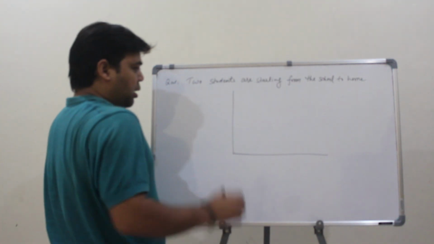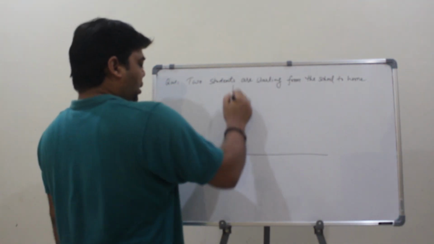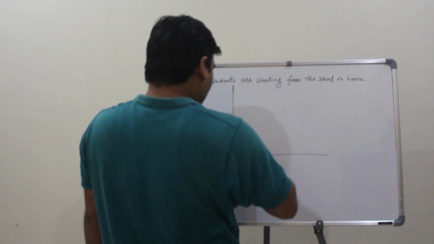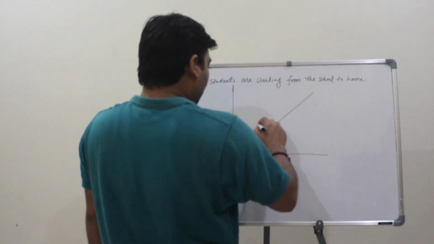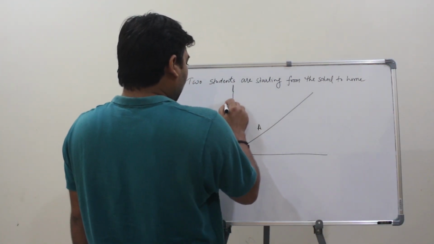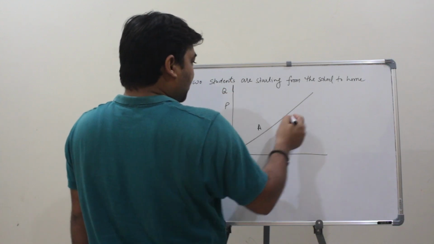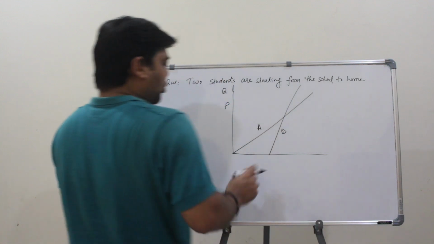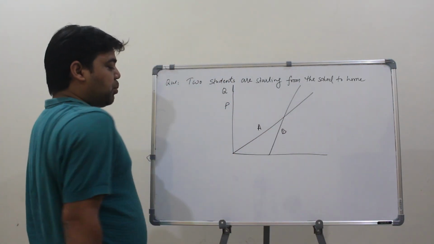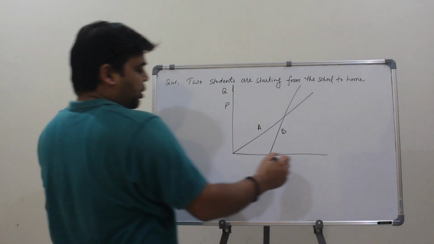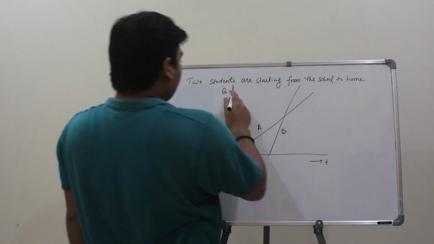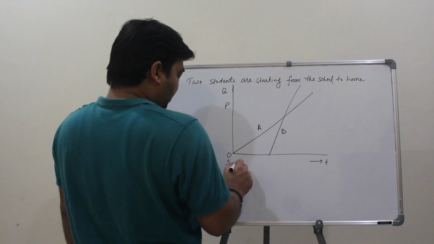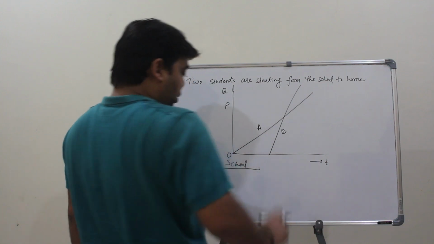One boy's path is represented by B, its home is P, and another's home is Q. So one boy is named A, another is named B. Now they are moving, this is the time scale T, and this is their homes, Q and P, and this is the origin, the school.